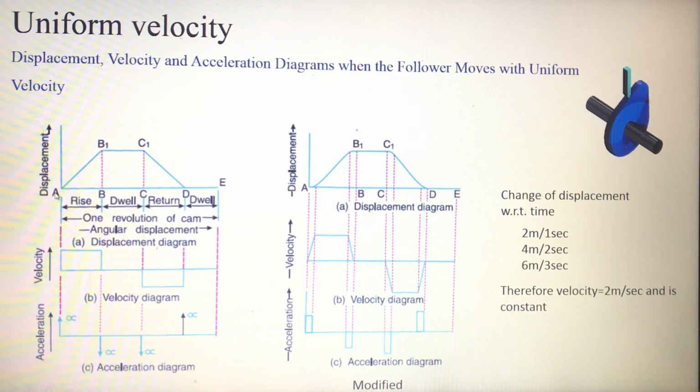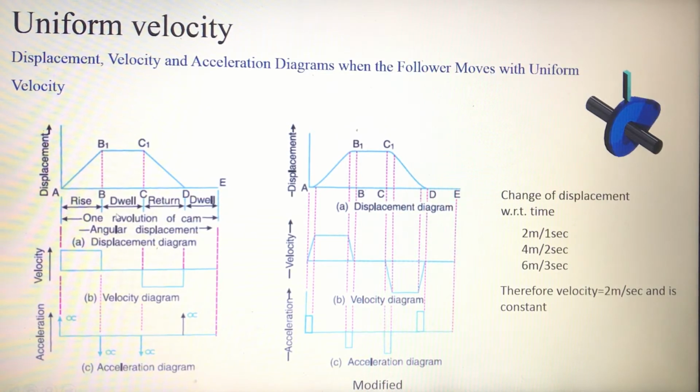Then B1 to C1 is dwell, C1 to D is return, and D to E is dwell. So this is one cycle for a complete 360 degrees.